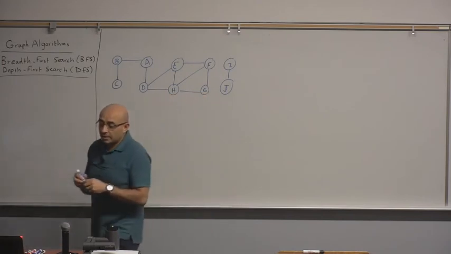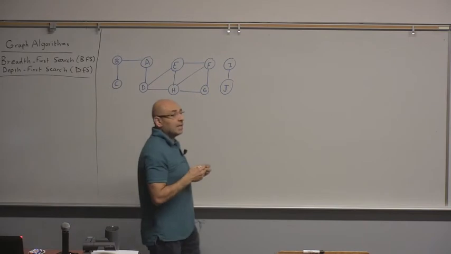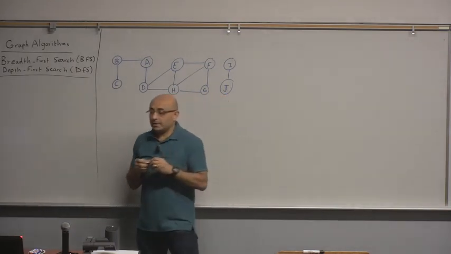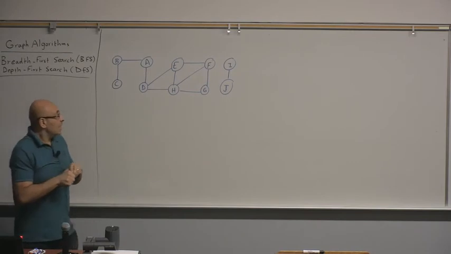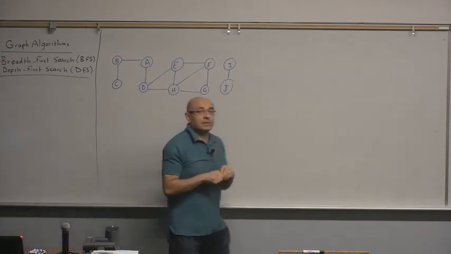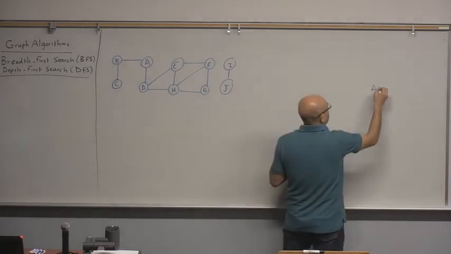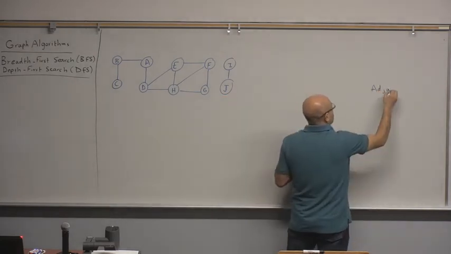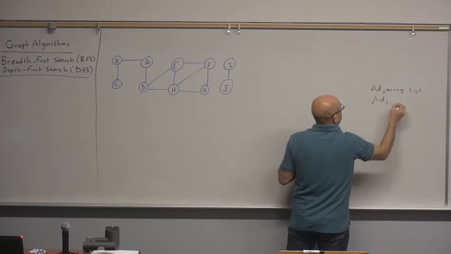So today we will be talking about basic graph algorithms. Last time we did an introduction to graph algorithms, and we talked about graph representations, the adjacency list and the adjacency matrix.